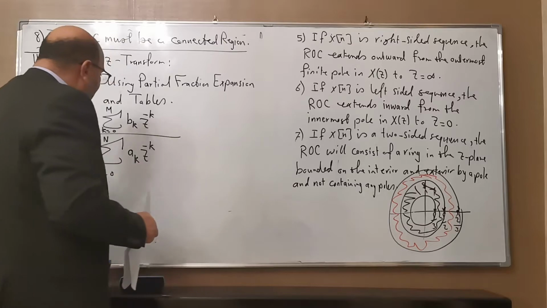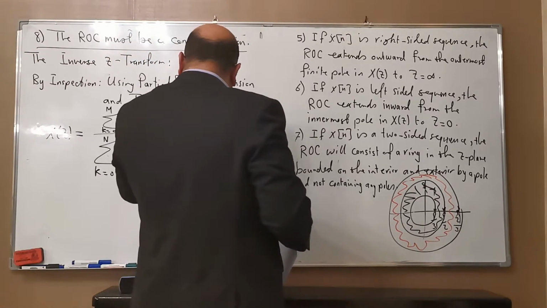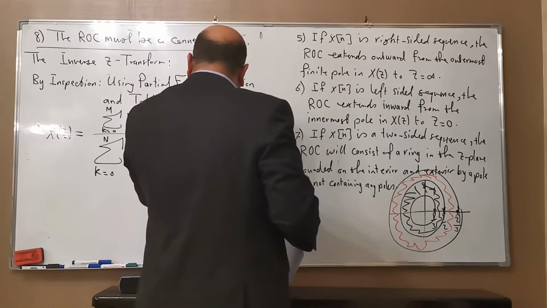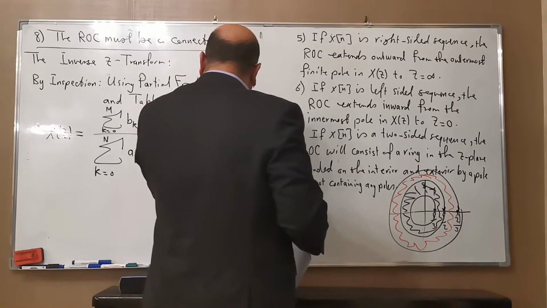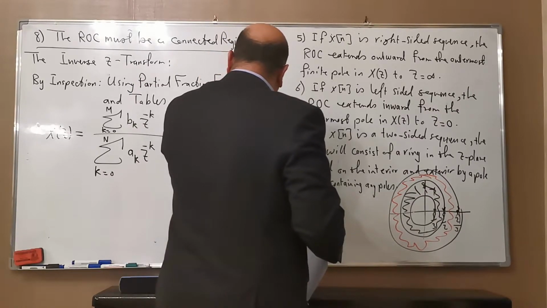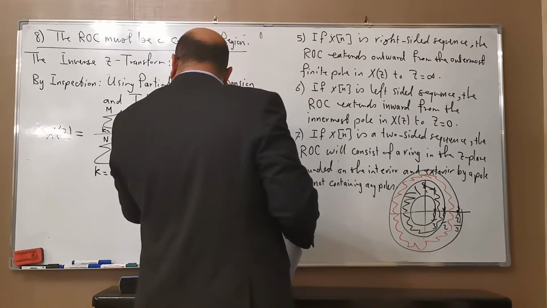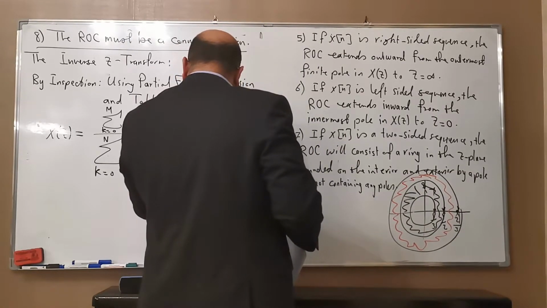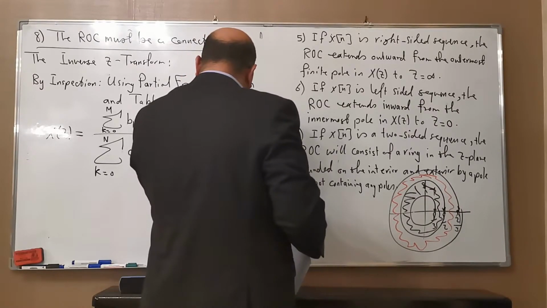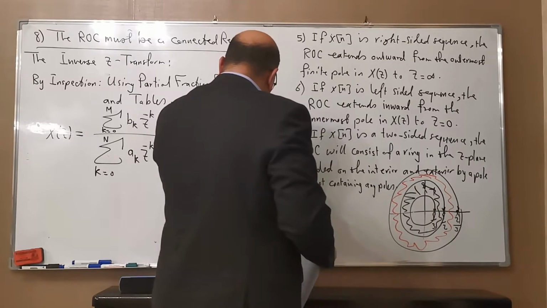So you have a polynomial in z. This one is b0 plus b1 z inverse plus b sub M z to the minus M, over a0 plus a1 z inverse plus a sub N z to the minus N.